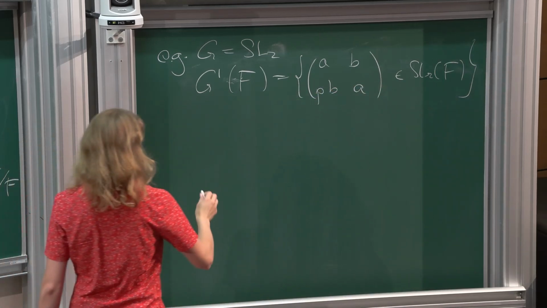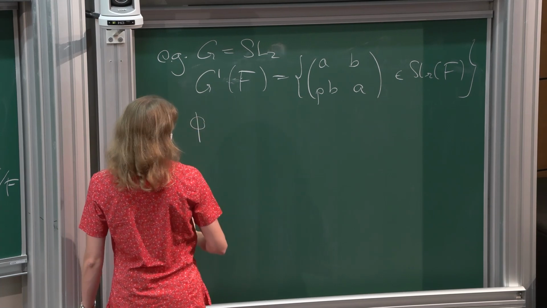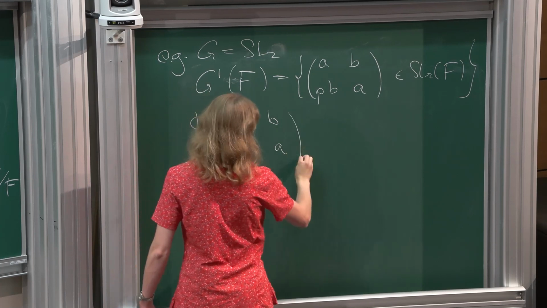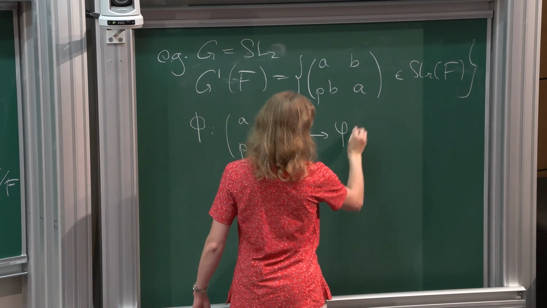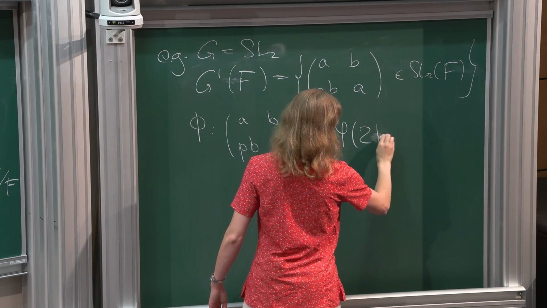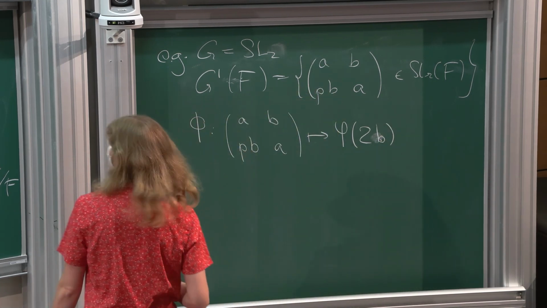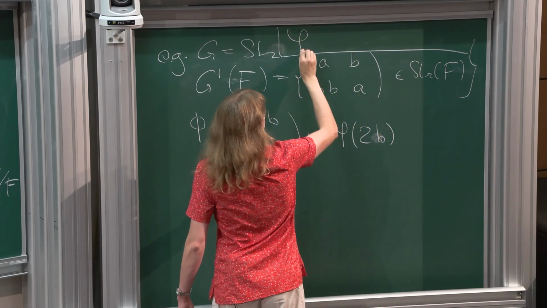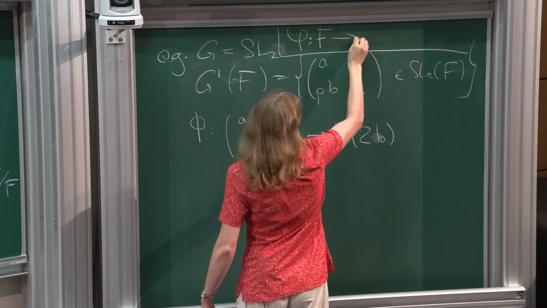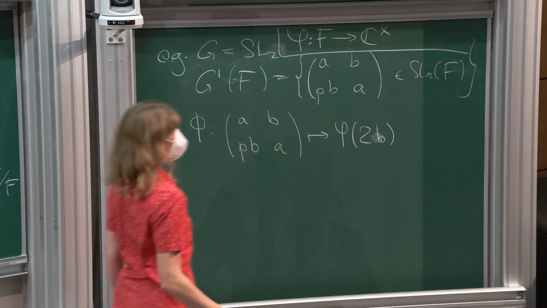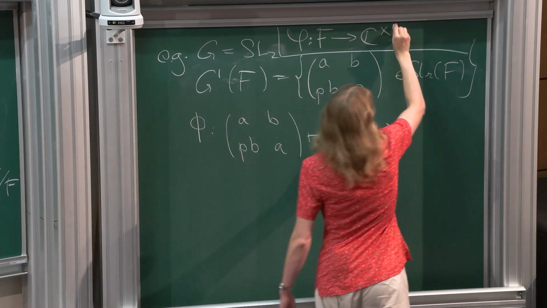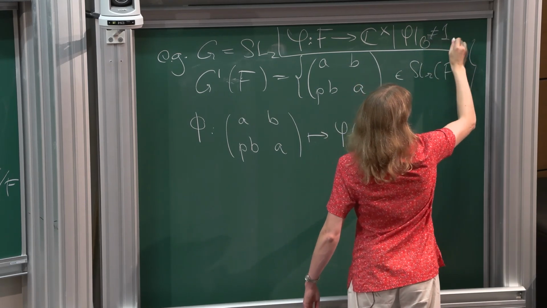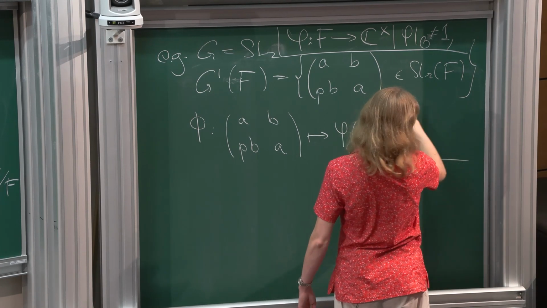Then an example of a generic character is the following φ that takes a matrix (a, b; ϖb, a) and sends it to, I have to introduce something new, ψ of 2b. What is ψ? I want to fix it once and for all. ψ is a map from F to C star.